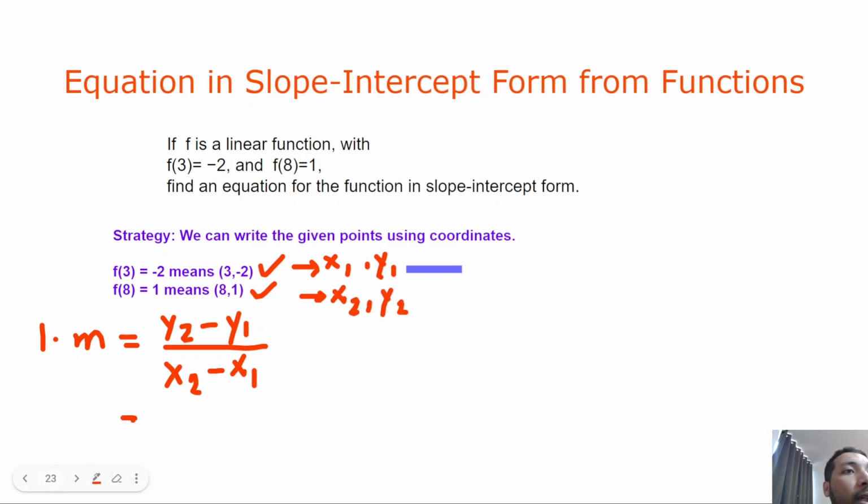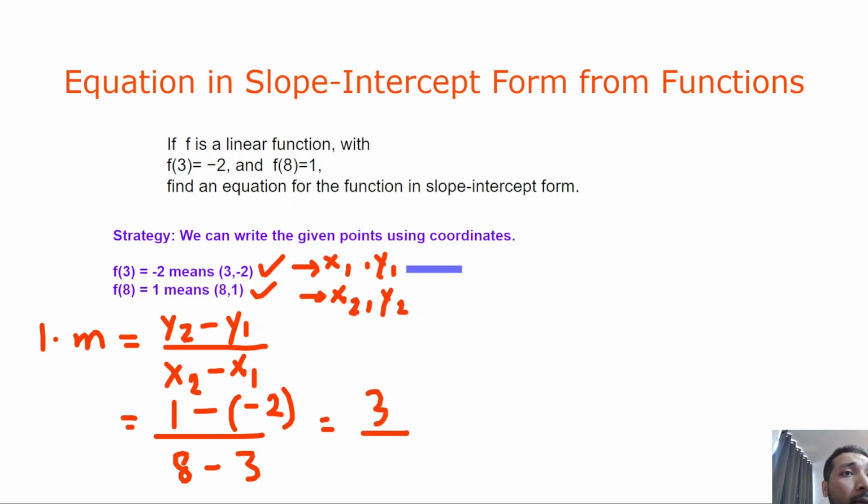So just plug in over here. We have 1 minus y1 is -2 and then x2 is 8 minus x1 is 3. So the slope we get is 1 minus -2 is +3 and 8 minus 3 is 5. So our slope is 3/5.